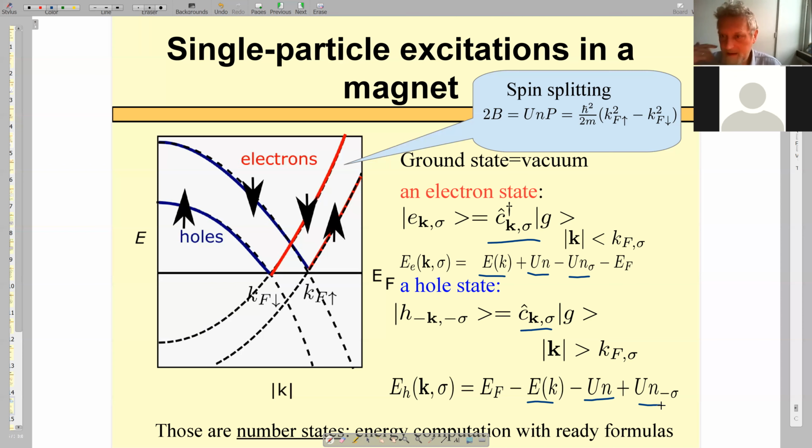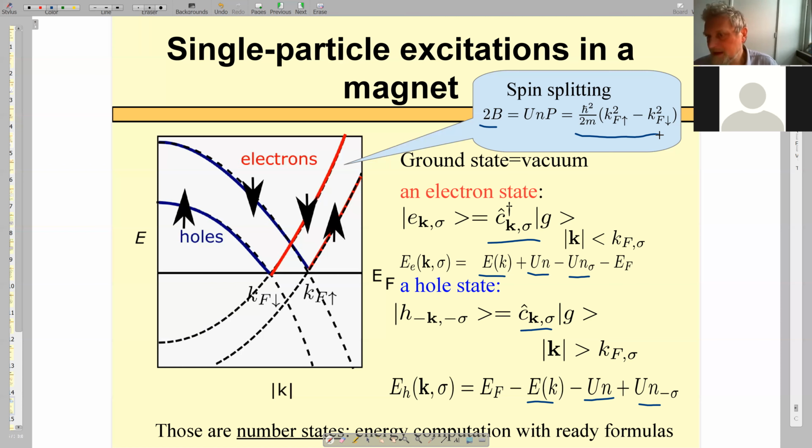It has to be true because we assume that the KF, the K vectors, are not the same. So the splitting is eventually related to the difference of K Fermis for the two different spin species.